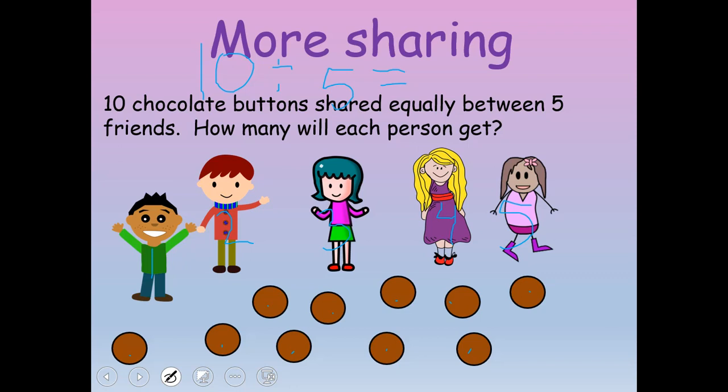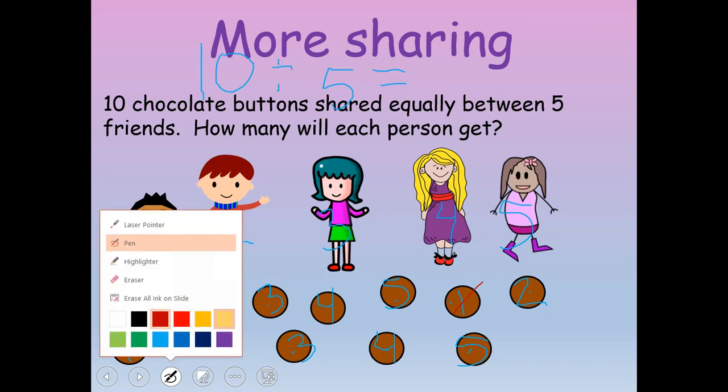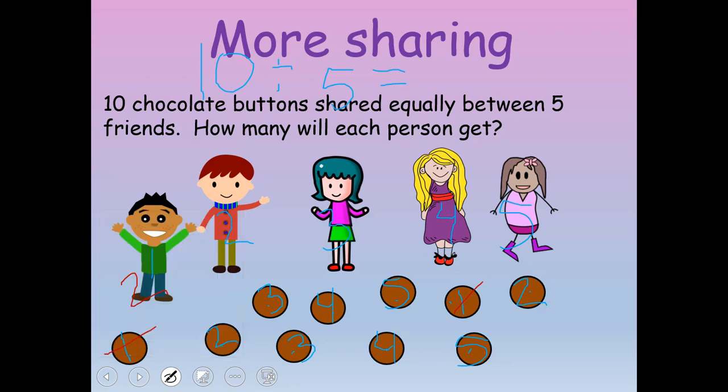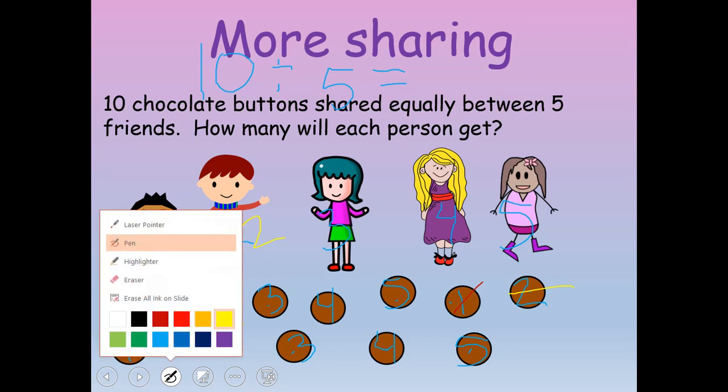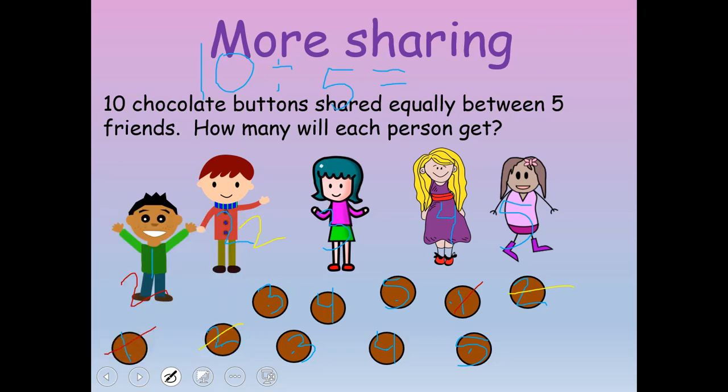So if we go like this, 1, 2, 3, 4, 5, 1, 2, 3, 4, 5, that means that number 1 gets 1, 2. He gets 2, okay. Number 2 gets 1, 2. He gets 2. Number 3, I think there's a nice pattern here happening. She gets 1, 2.